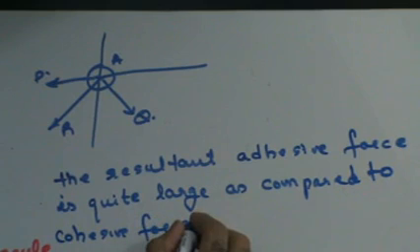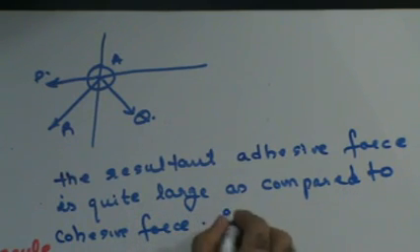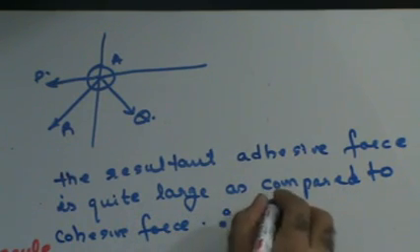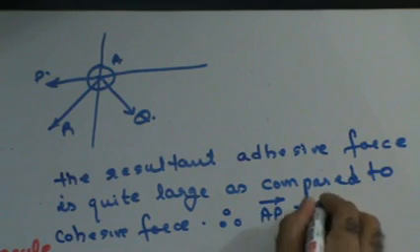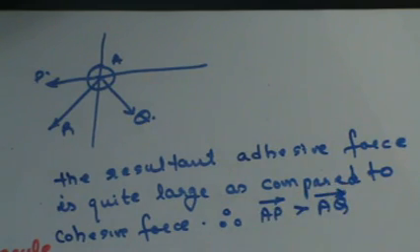That is, AP vector is greater than AQ vector, right?